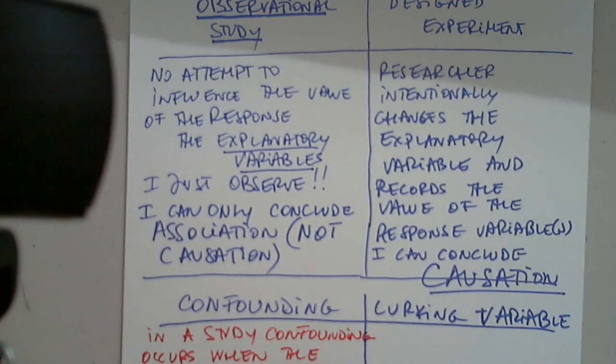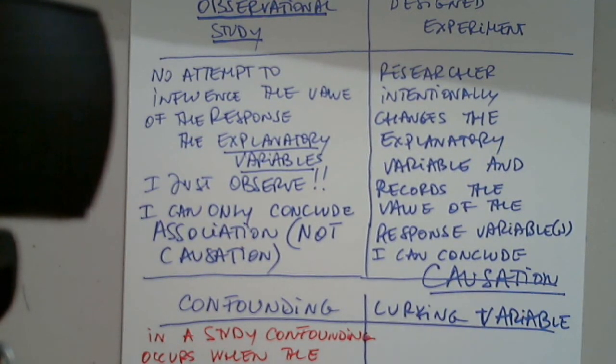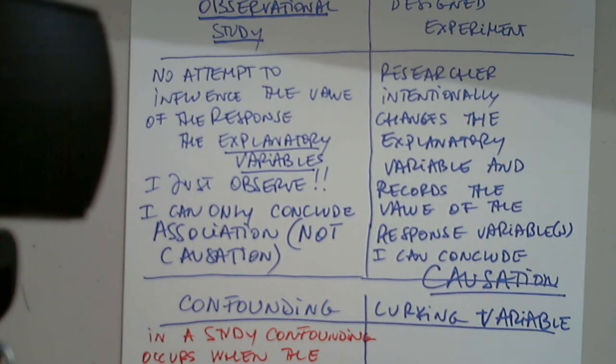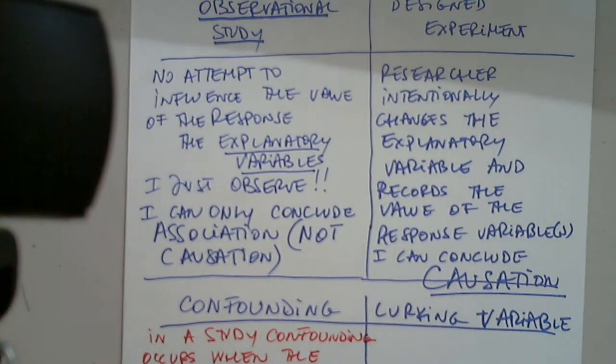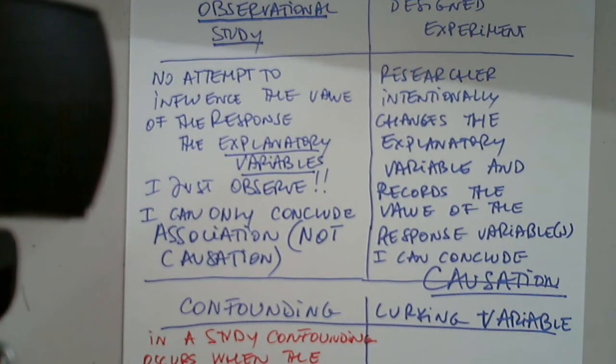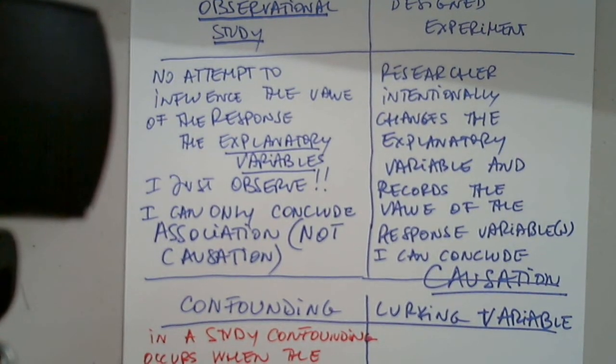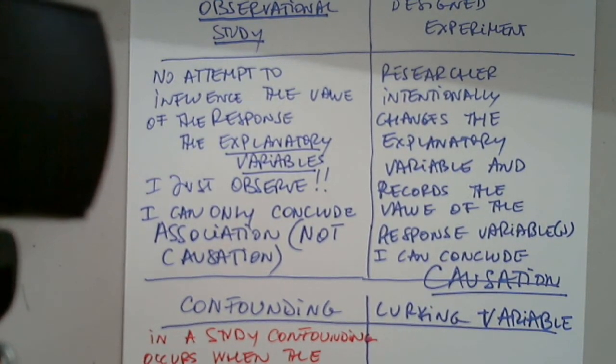Remember, explanatory is the X variable, the independent variable. So the result here is that the conclusion may not be accurate.